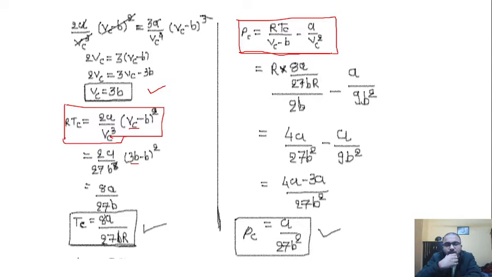Here instead of TC we have put 8A divided by 27BR, and instead of VC we have put 3B.